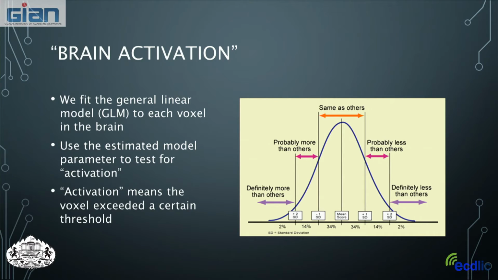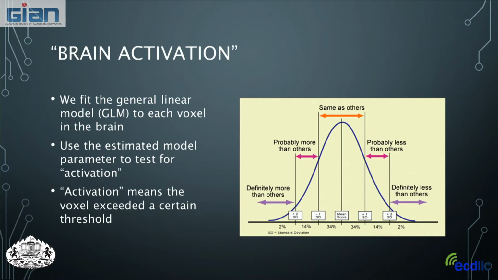Okay, so once you start getting into these outer areas of this Gaussian curve, then you can start making inferences that this 2% over here is probably different from others, and on the other side as well is probably different from others at the outer parts of this curve.